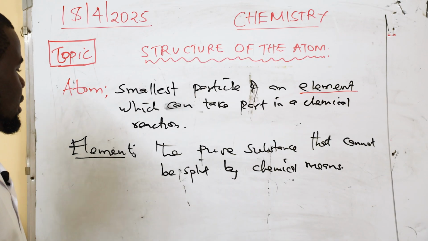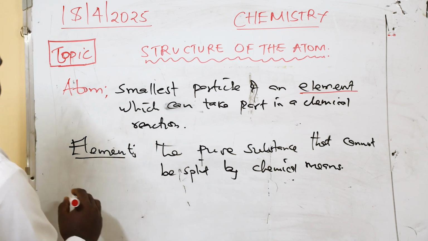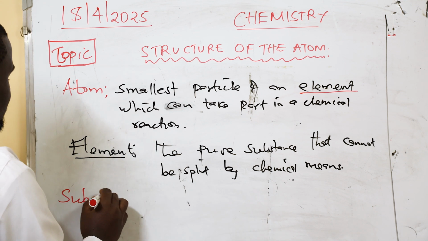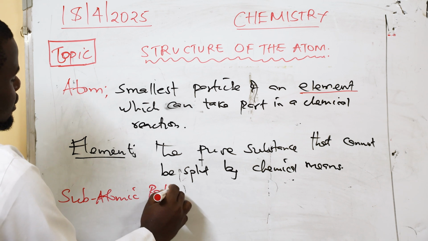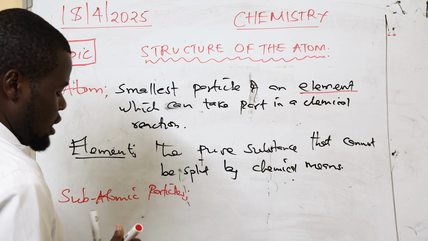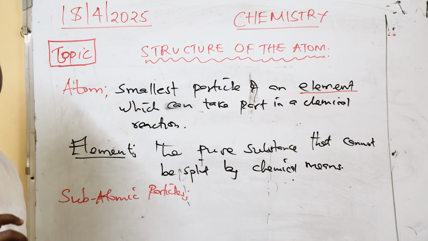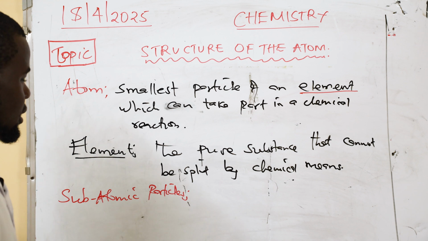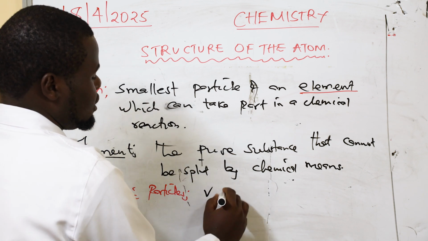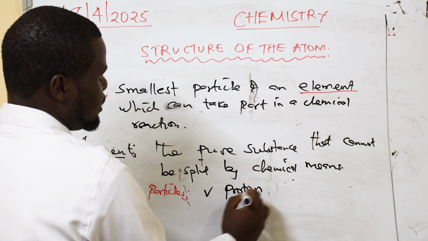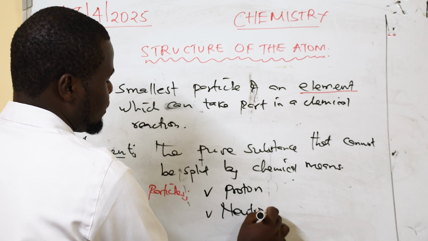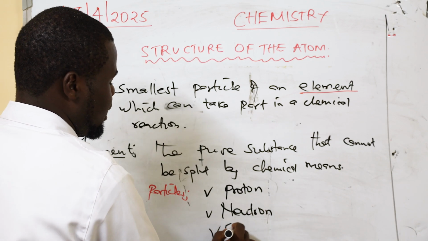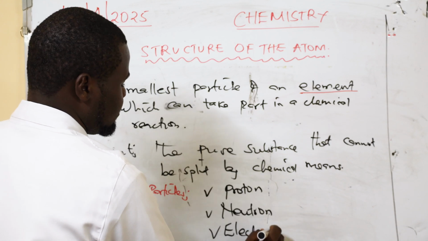Now, after knowing all this, we need to talk about subatomic particles. As we have said, an atom is subdivided into three subatomic particles. One is called the proton, the second is called the neutron, and lastly we have the electron.